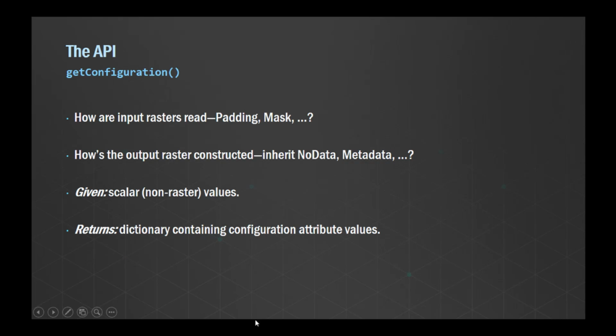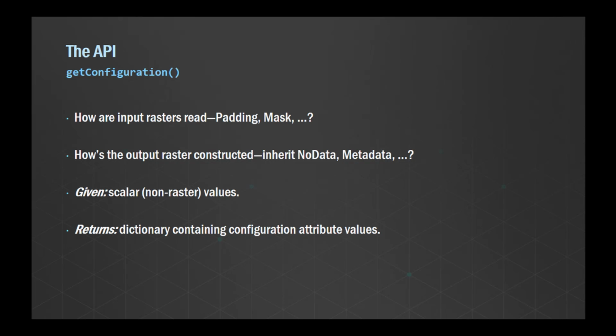So the get configuration method. This is how input rasters are read. So you can add padding to it. So if you want padding to the pixel block if you're crawling through a pixel block, you can add padding to it. You can apply masks. You can inherit properties from the input rasters. So if I have an input raster with a certain bit depth, you can inherit that to the output.